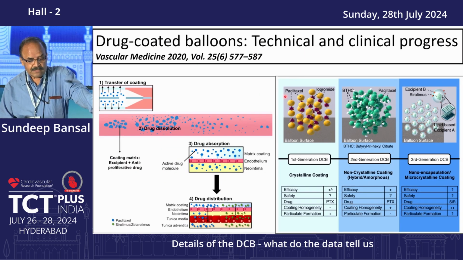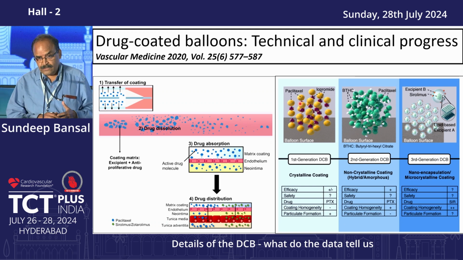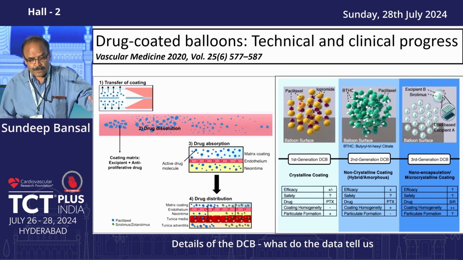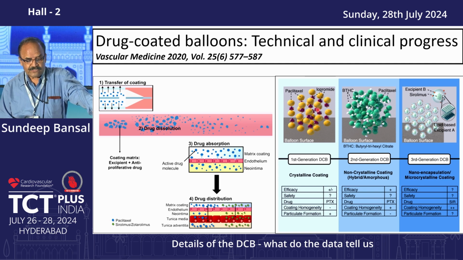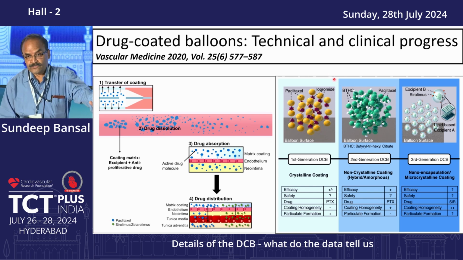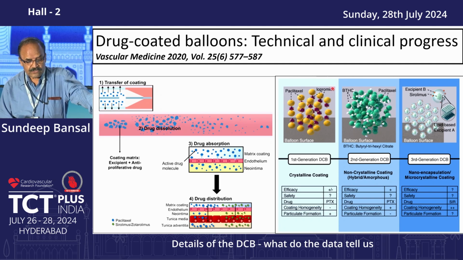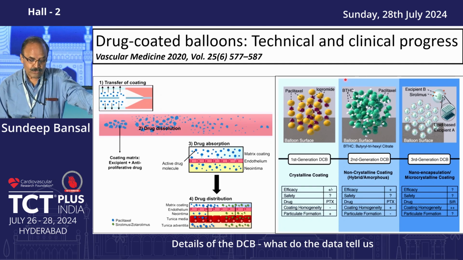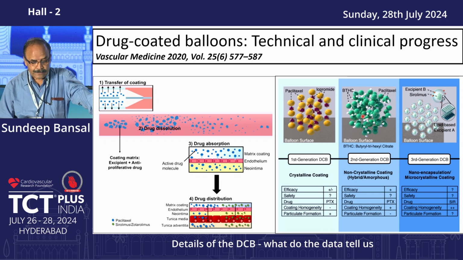Further, as we see, the excipients also matter. If you see this slide, the paclitaxel-based balloons are different if they use iopromide as an excipient versus if they use other chemicals as excipients, the BTHC that is highlighted here.